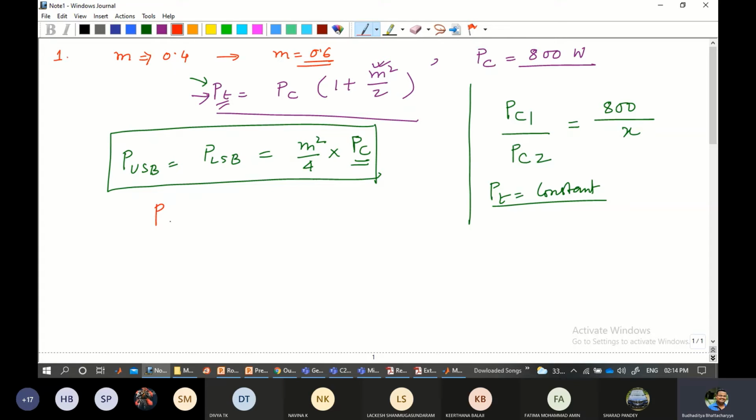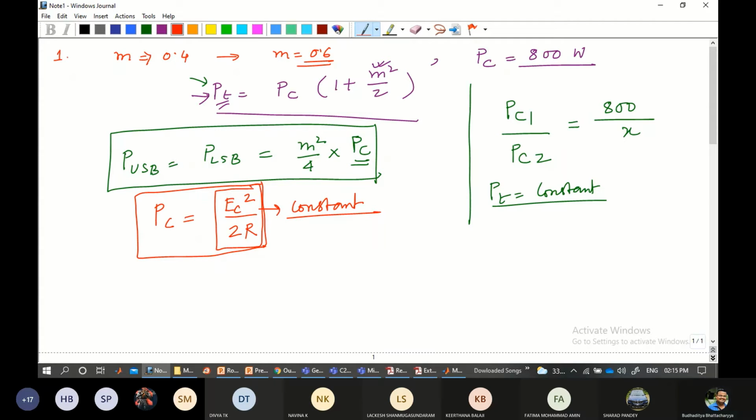you're overlooking one thing: the standalone equation for the carrier power, Pc, was equal to Ec square by 2R. If you go back to the previous day's lecture, you will find this was the equation we used. If you observe closely, this is all constant. There is no provision for changing the amplitude of the carrier, and none for changing the resistor.